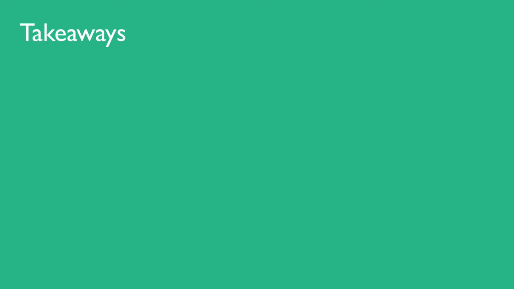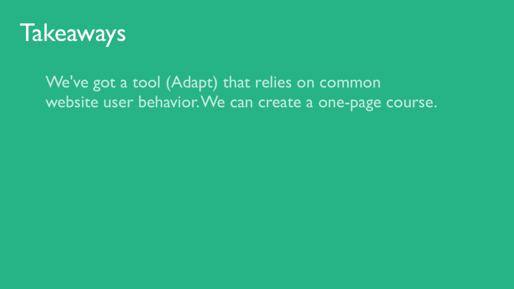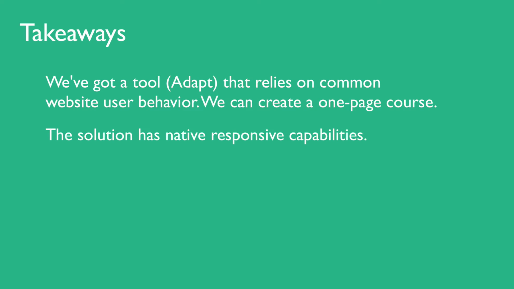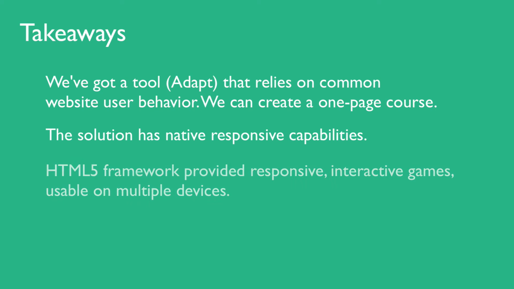From a technical perspective, we've got a web page using the Adapt Learning Framework. The nice thing about Adapt as a tool is that it gives you something that feels like a short, one-page website. So it is short and it feels short, along with native responsiveness for multi-device use. We also had a couple of really great games.